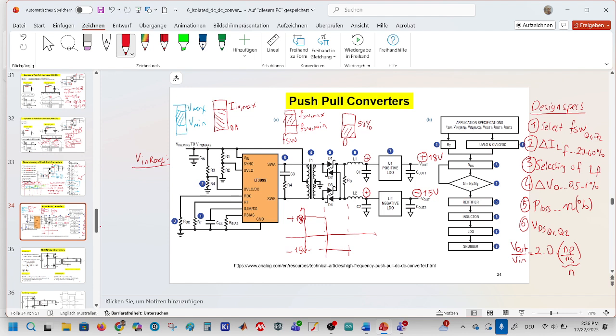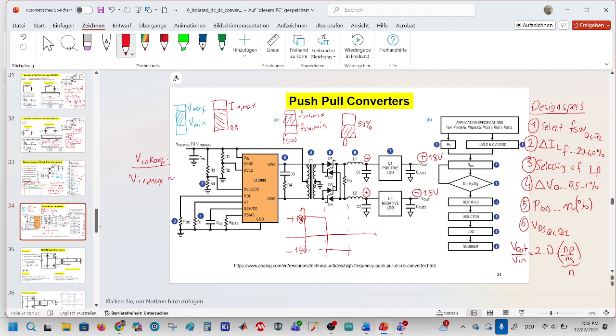We talked in the previous lecture about how the maximum input voltage shouldn't be far away from the output voltages that we want to produce.